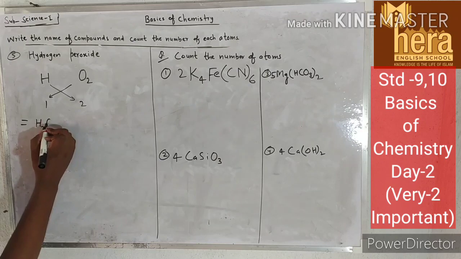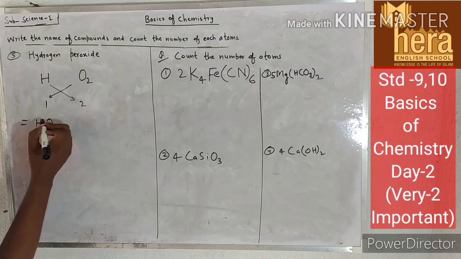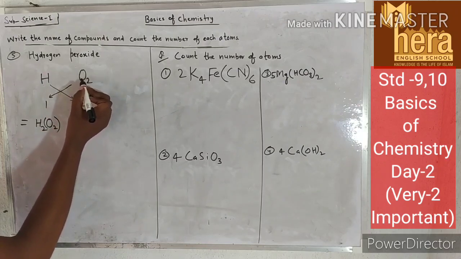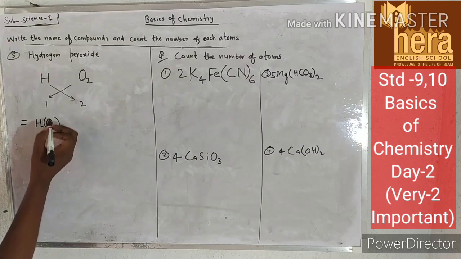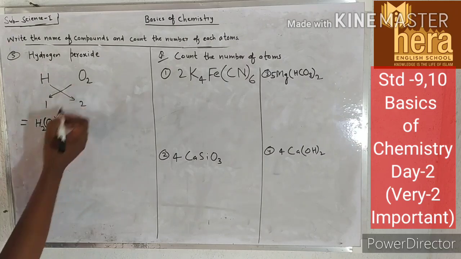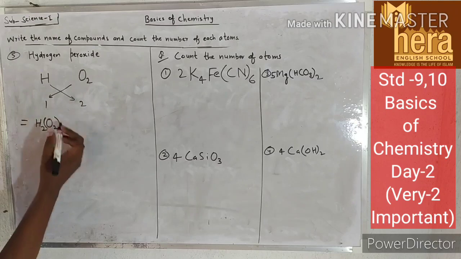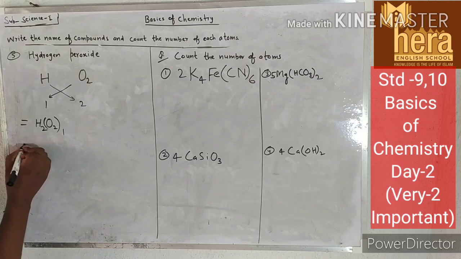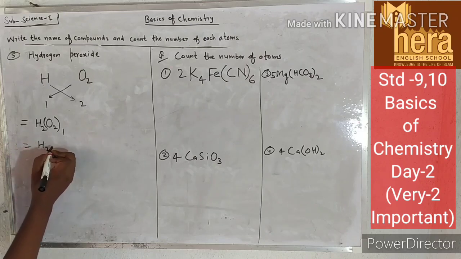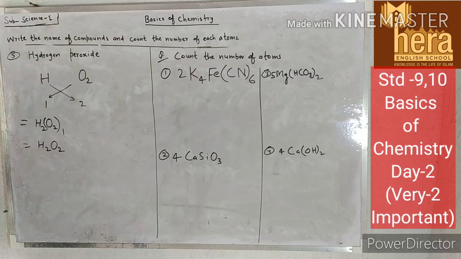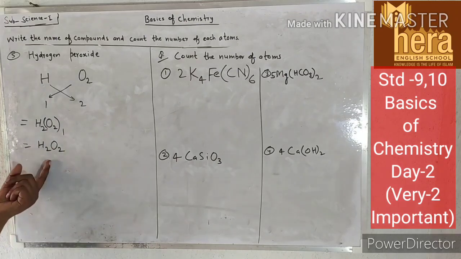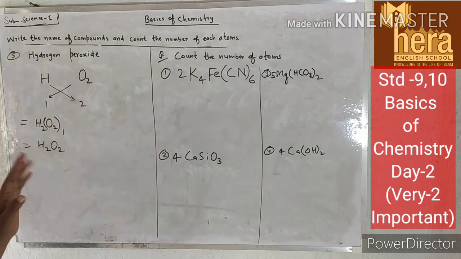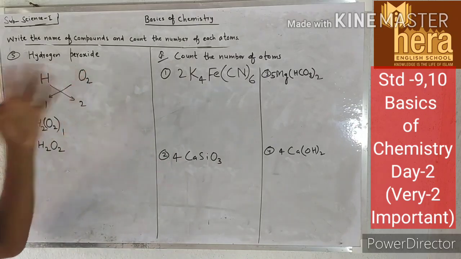Here O2, you have to put bracket because there is more than one atom. O2, it means oxygen is 2. So put a bracket, O2 bracket close, 1. No need to write 1. So this will be equal to H2O2. In chemistry language, hydrogen peroxide is written as H2O2. H2O2, it means hydrogen peroxide.